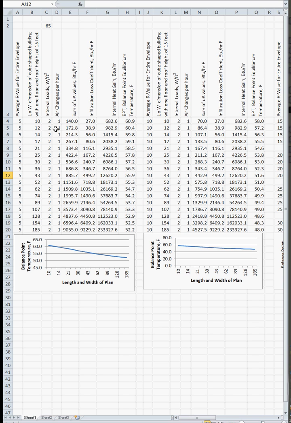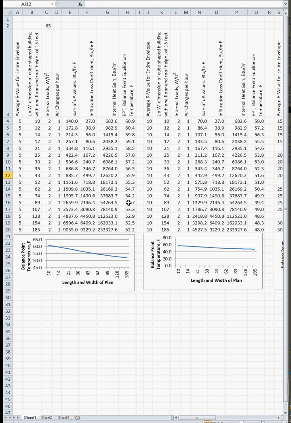So as you become more active, generate more internal heat, you have to be cooler. You need a lower outside balance point temperature to be comfortable. As you wear more and more insulation, it has to be cooler for you to be in thermal equilibrium.